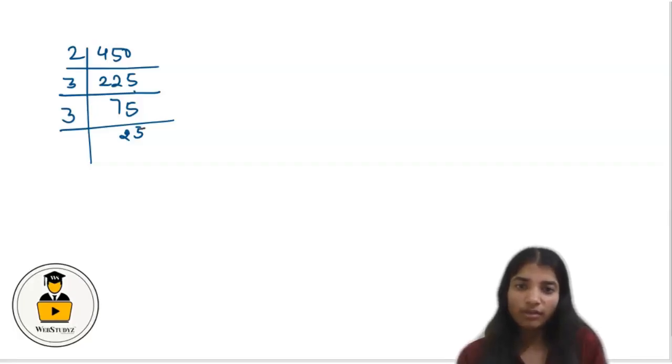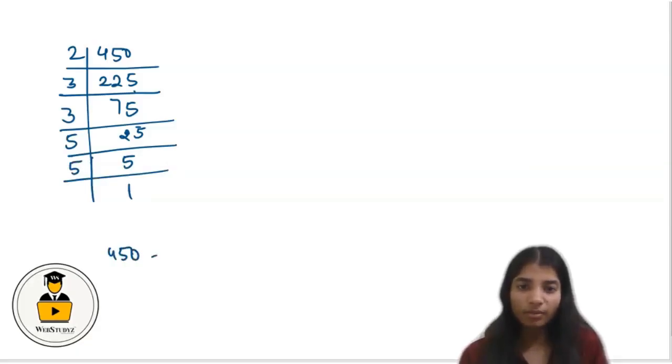Now 25 is not divisible by 3, so we divide by 5 and get 5. Dividing 5 by 5, we get 1. So 450 is equal to 2 multiplied by 3 multiplied by 3 multiplied by 5 multiplied by 5.